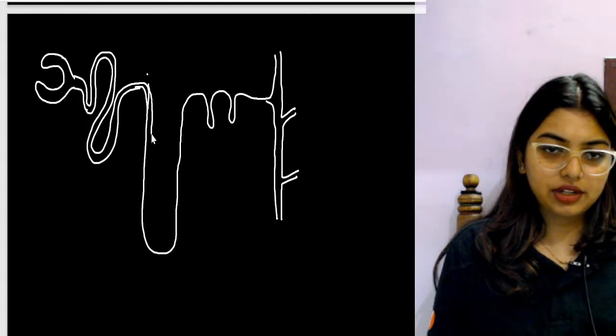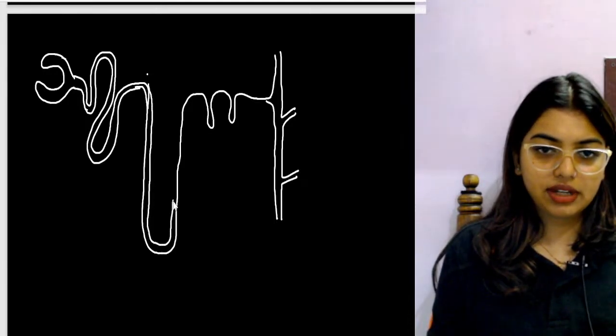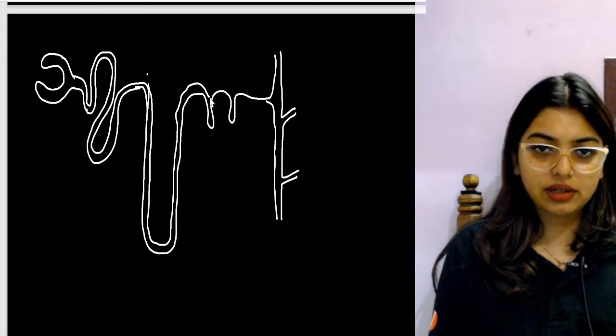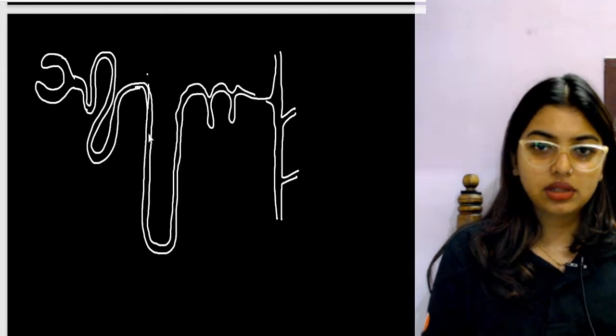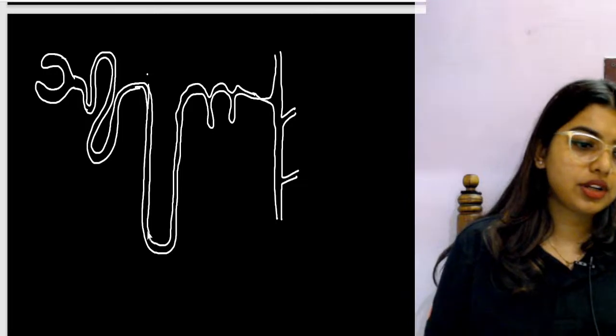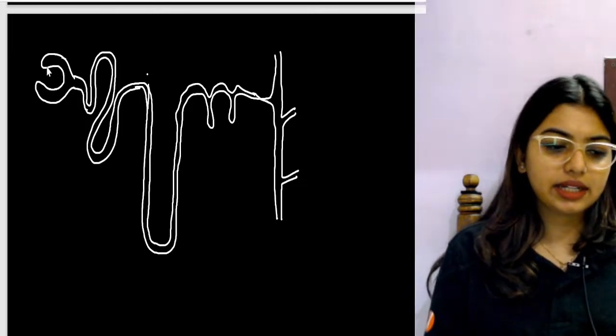Keep thinking. Okay, I'll hit you people. It's the collecting duct. Collecting duct is not a part of a single nephron. Why? Because multiple nephrons open into it, so it's not a portion of it. Understood? So this is the structure. Yes, collecting ducts, very good.